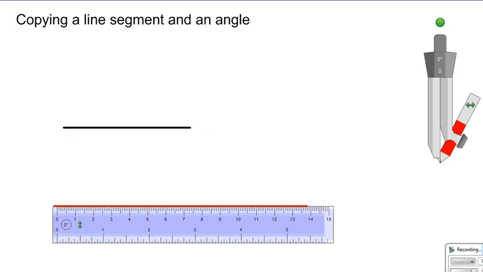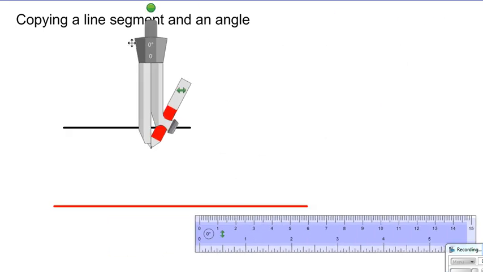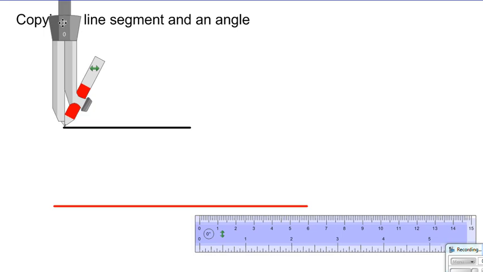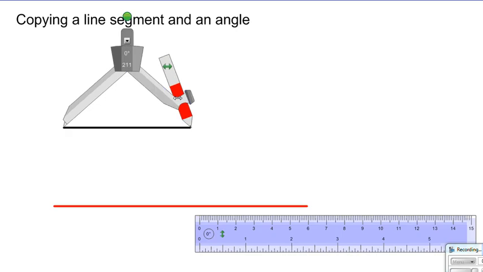Now, second, with the compass, what a compass can do is that it could in fact copy distances. That's the good thing about these compasses. So I'm going to open this one up and measure it all the way up to here.